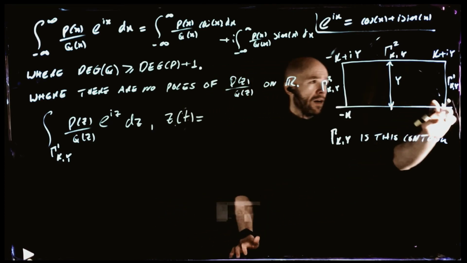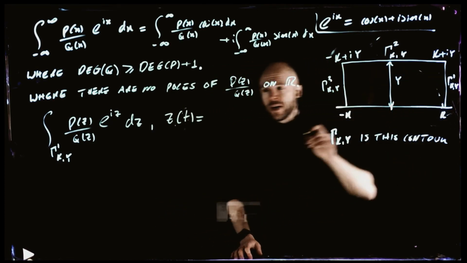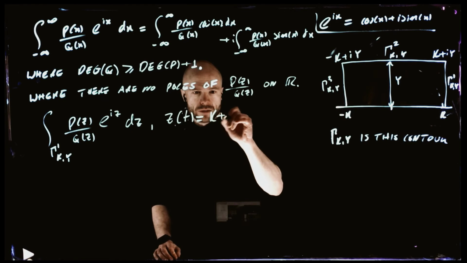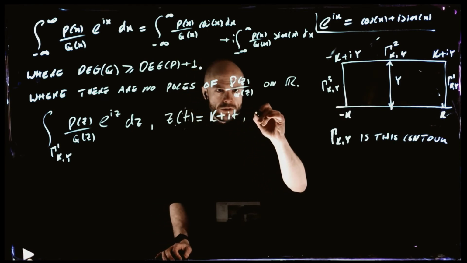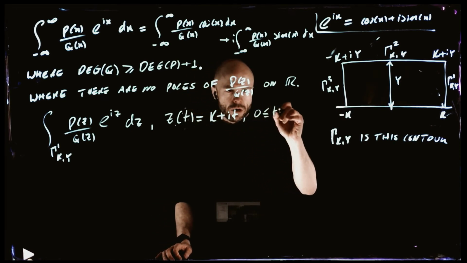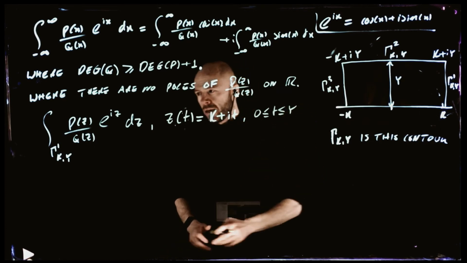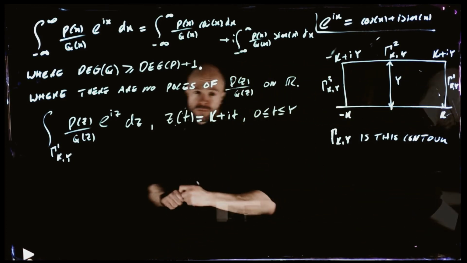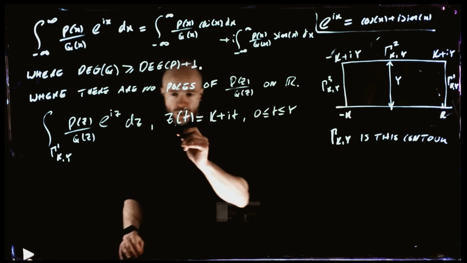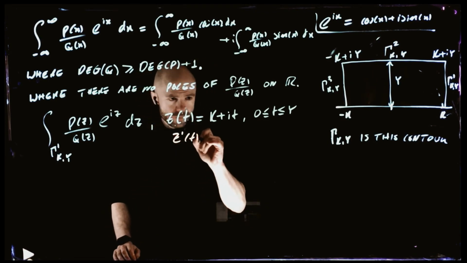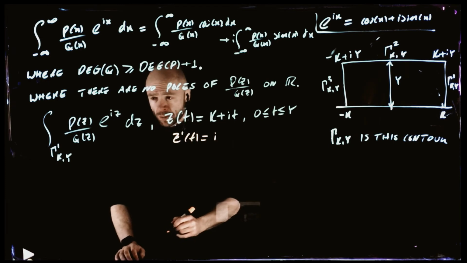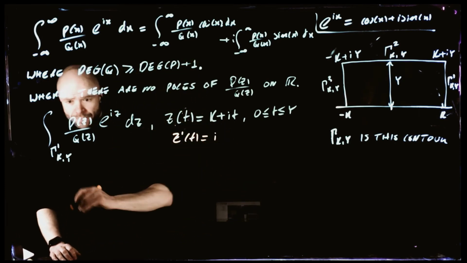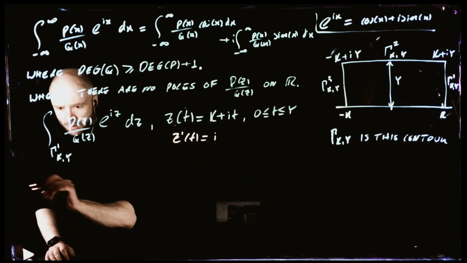So we start at r, we end up at r plus iy, so the natural choice is r plus i times t for t between 0 and y. That gives us the parameterization that we want, yeah? And then let's see what happens. If we differentiate this, we just get i, that's simple. So then let's rewrite this with our parameterization.